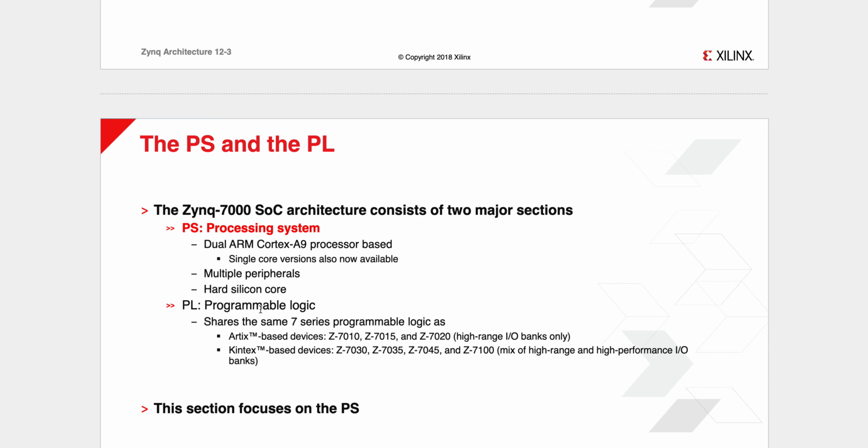What do we mean by FPGA? FPGA simply means field programmable gate array. What is an FPGA? An FPGA is an IC or integrated circuit which is designed to be configured by the user after manufacturing.